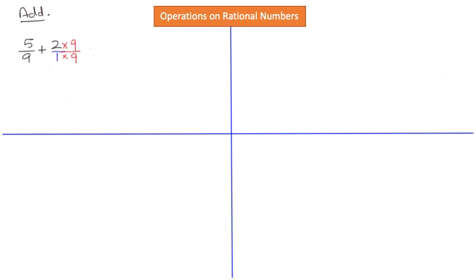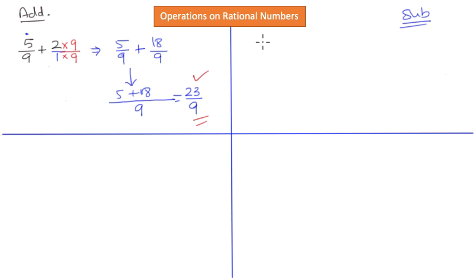So this gives me 5 over 9 as it is, plus 2 times 9 is 18 and 9 times 1 is 9, correct? And this leads to the common base situation because these two fractions now have the common base. So it becomes 9 as the base, and 5 and 18 get added because they both are numerators, and my result is 23 over 9, correct?